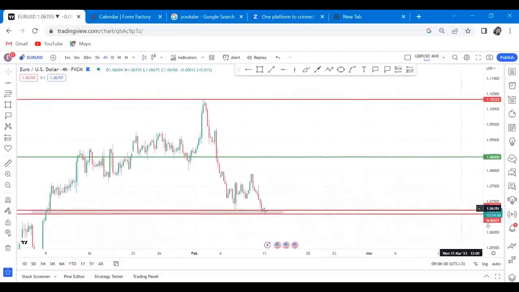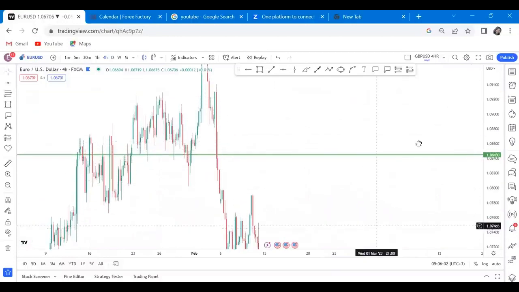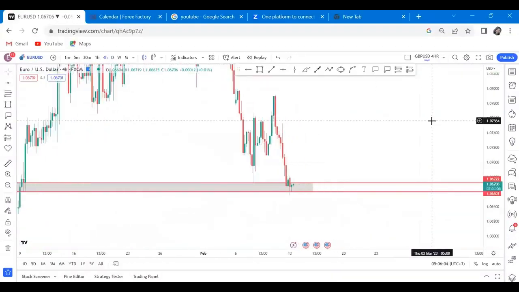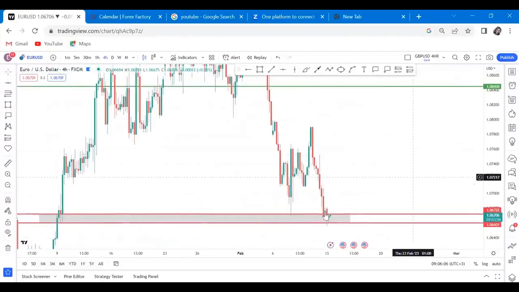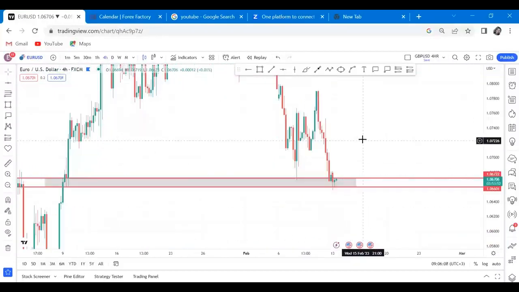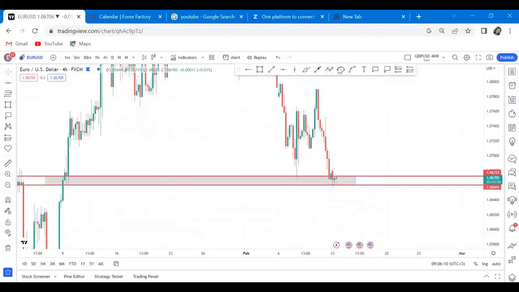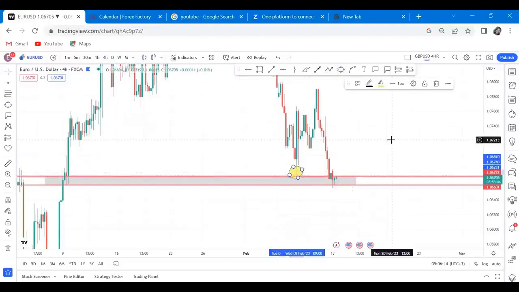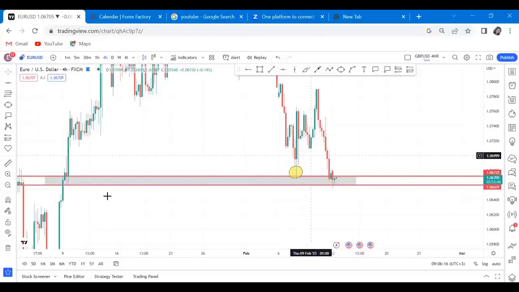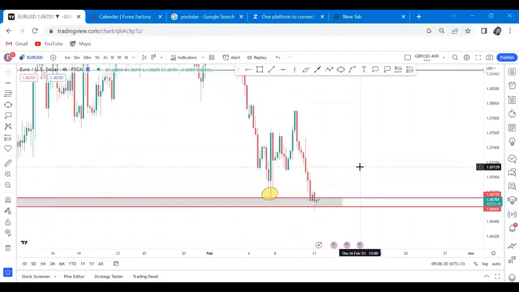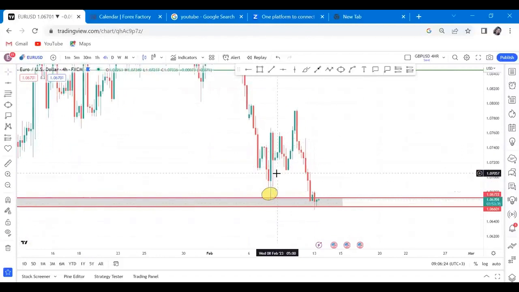So how do we now get involved? That is the question, guys. How do we get involved? As you can see, the market, after it touched here, we had first attempt. You can see we had first touch here. So even if we didn't have all of this, the double bottom was already created. And then, as the leg was coming, the buyers were coming here, the sellers started to come down.